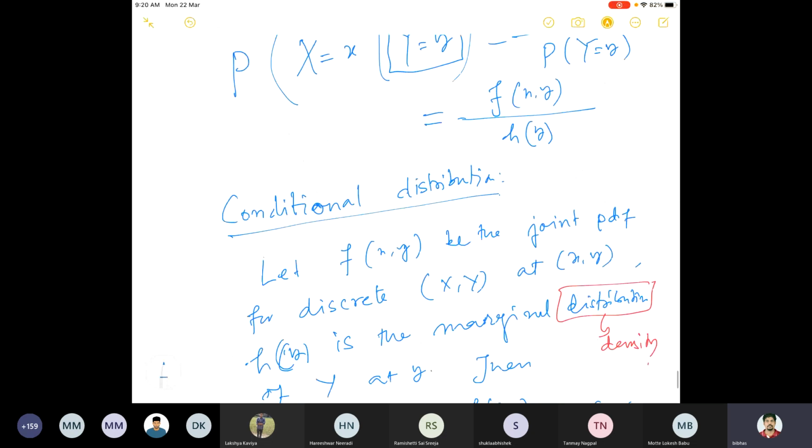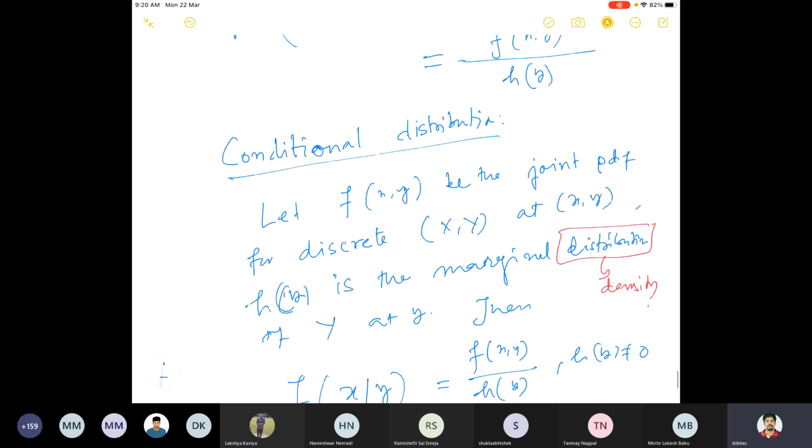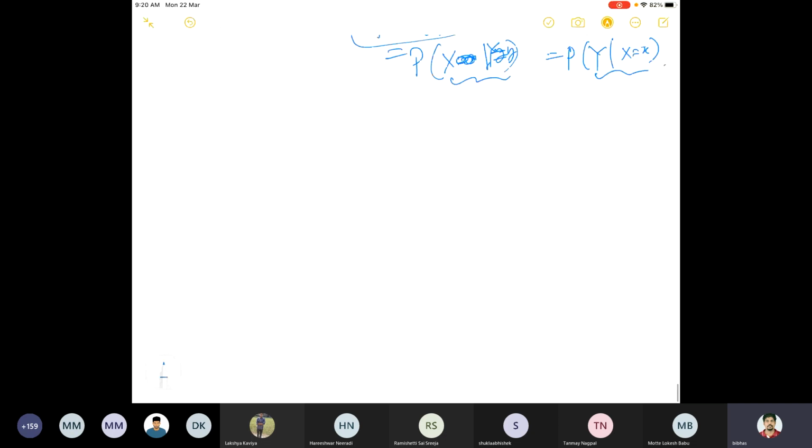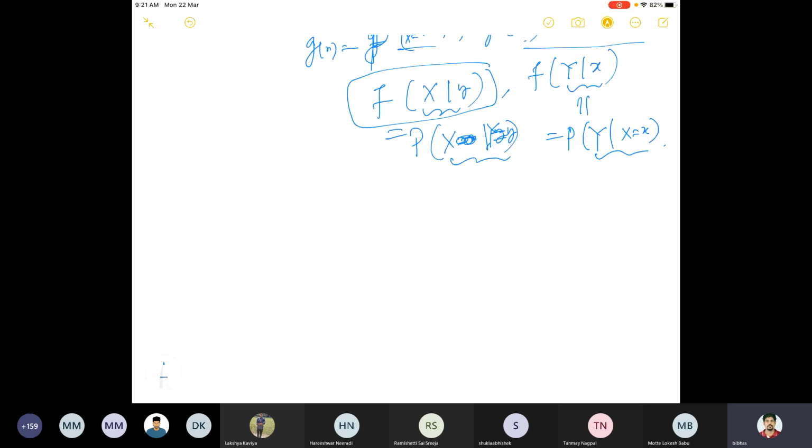The same thing you can define now, which is called the notion of independence of random variables. Earlier we talked about independence of events. Now events are described by random variables, so now we can talk about independence of random variables.